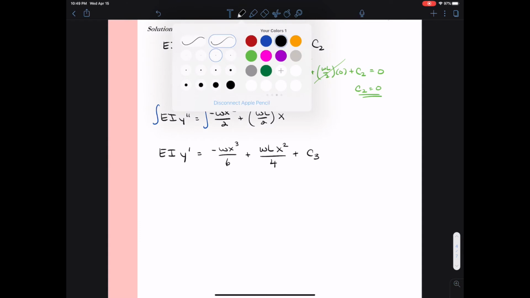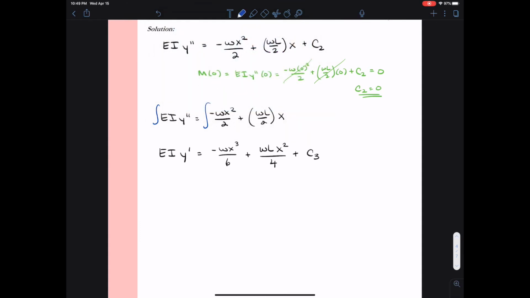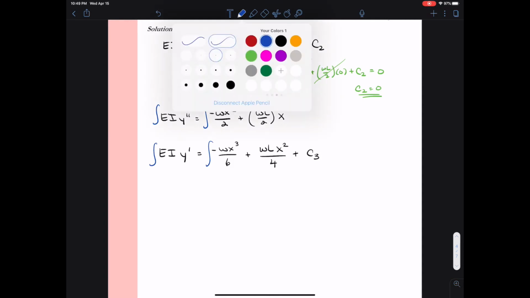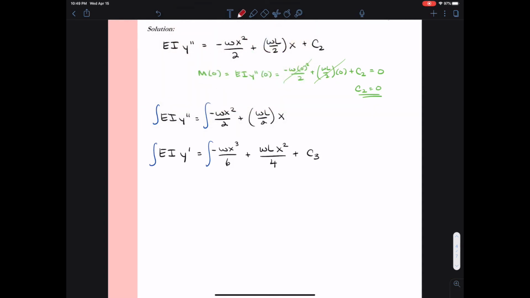Now, in terms of my slope, I didn't write any boundary conditions above for my slope. So I'm going to integrate again, and I'm going to have to keep this C3 around. So I'm just going to make a note so that we know you can keep this constant around and be able to solve.